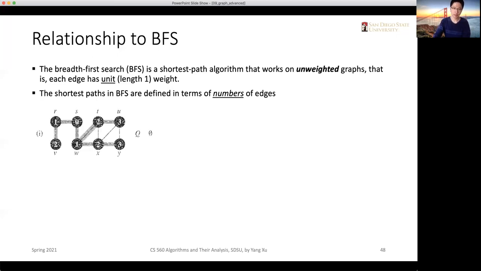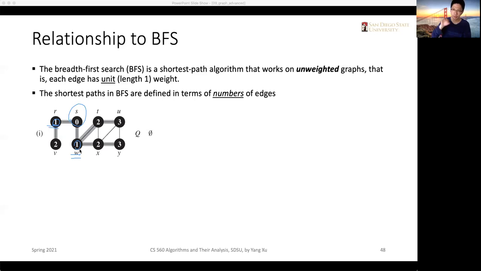Remember, in BFS, if we start from the source vertex S here, right? Then we will search the adjacent vertices, which are R and W first, which makes the distance from R to S equal to 1, right? The distance from W to S is also 1.